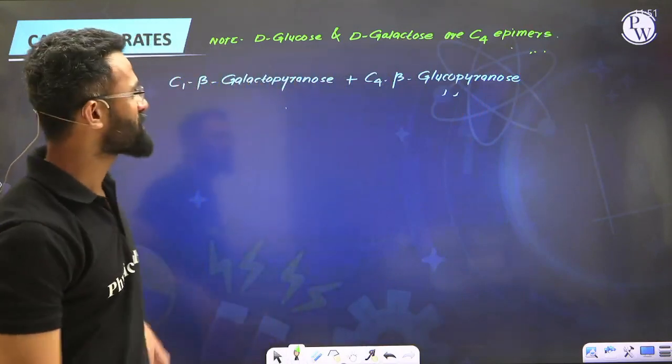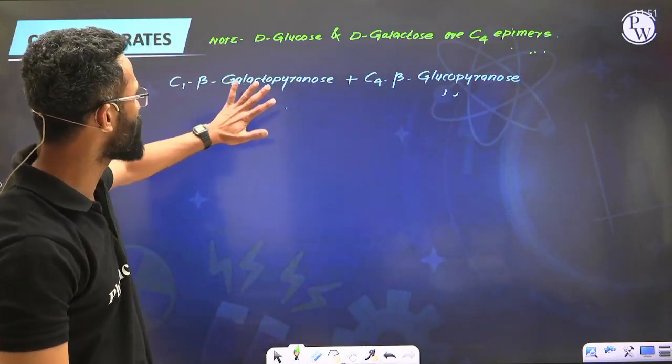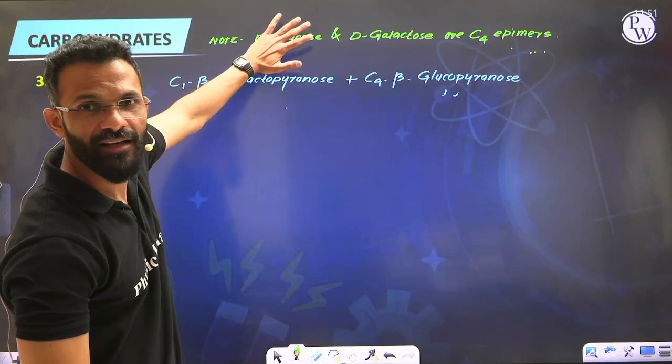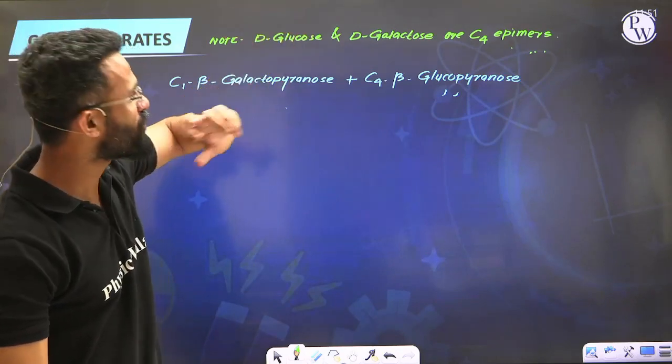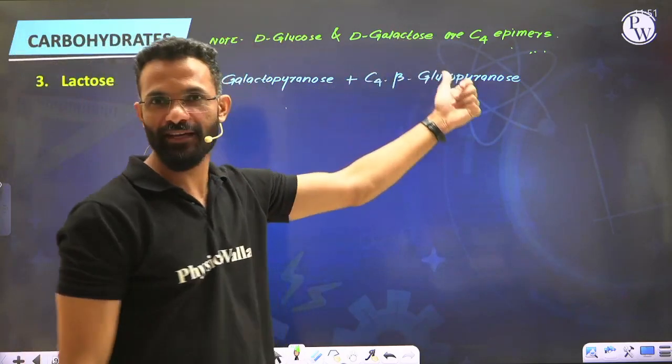Which means now, in order to get the structure of galactose, I'll first get the structure of glucose, and I will only change the configuration of OH at the C4 carbon. That is going to give me galactose, right?